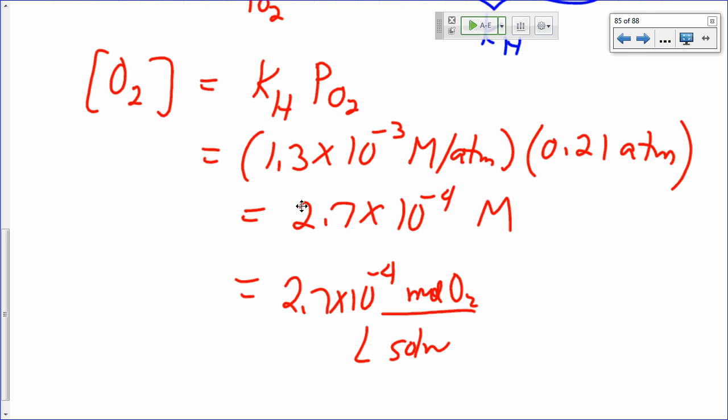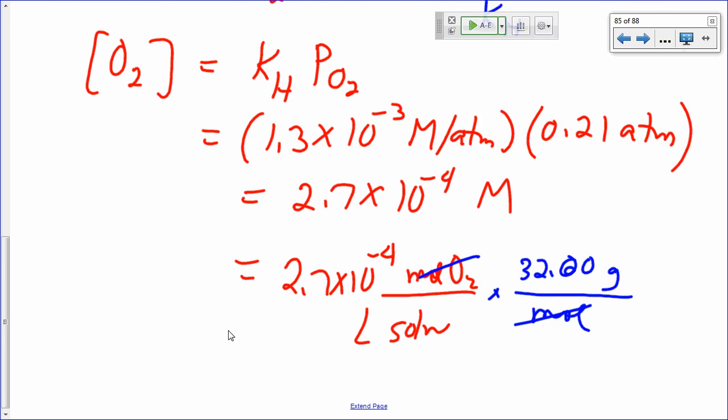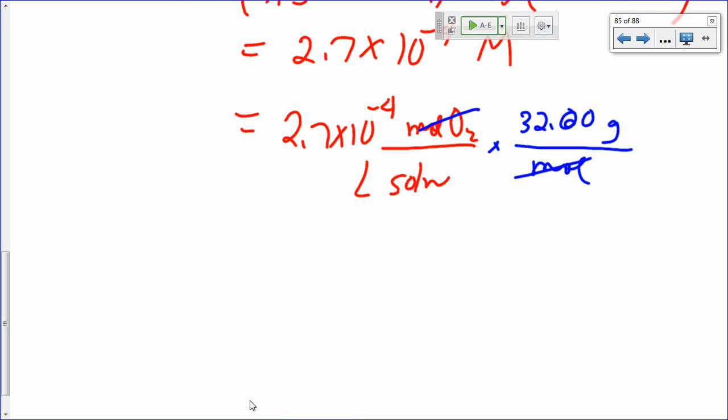Right? So how do I convert moles to grams? What's the molar mass of O2? 32.00 grams per mole. So moles cancel out. And then ppm is what?